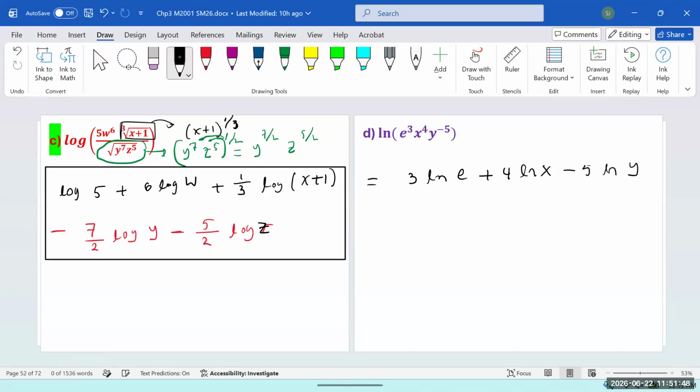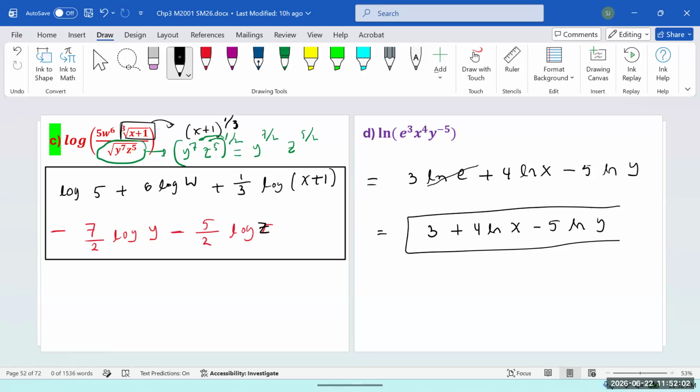Perfect. And then you have to simplify wherever possible. e and ln cancel out. That's it. So you always have to simplify to the fullest.